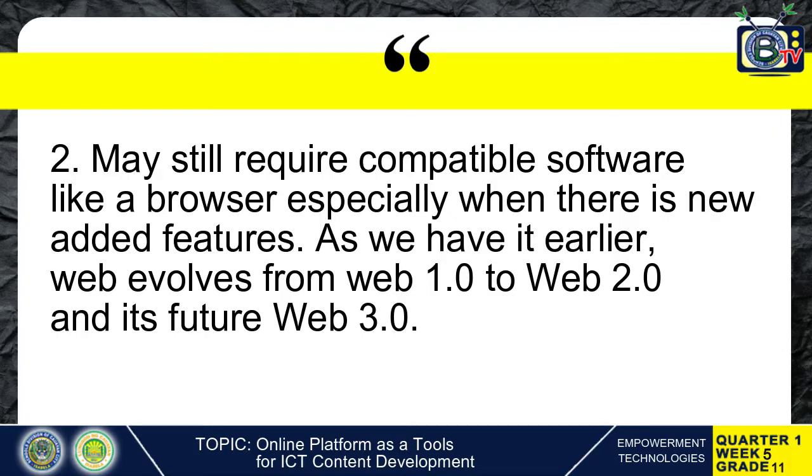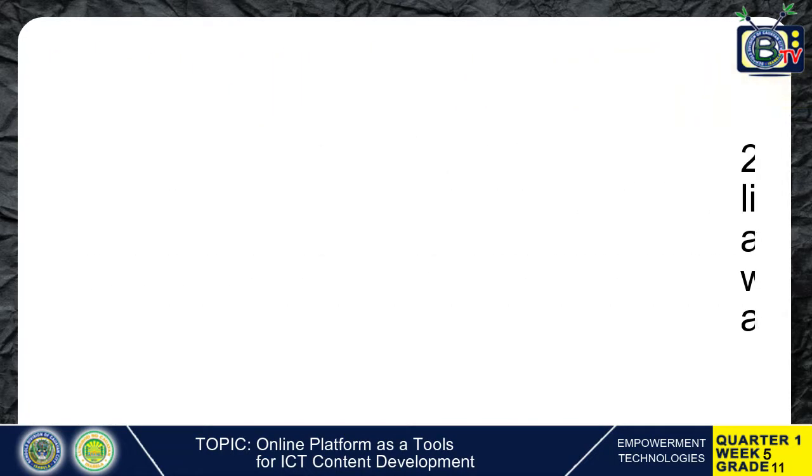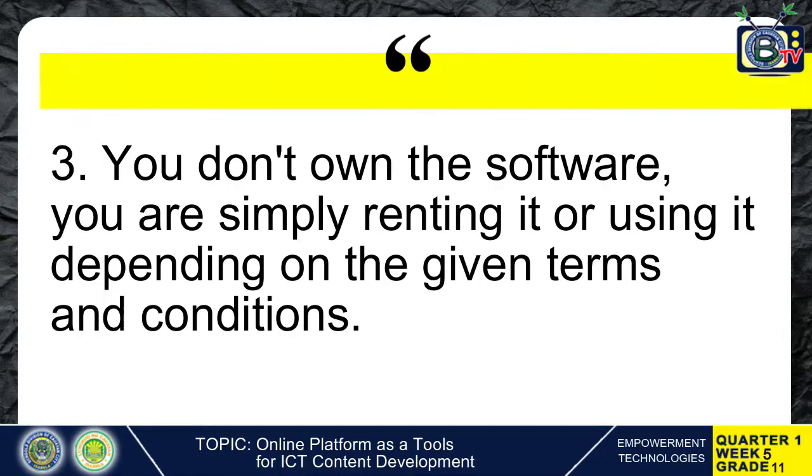As we have seen earlier, the web evolves from Web 1.0 to Web 2.0 and its future, Web 3.0. Number 3, you don't own the software. You are simply renting it or using it depending on the given terms and conditions.